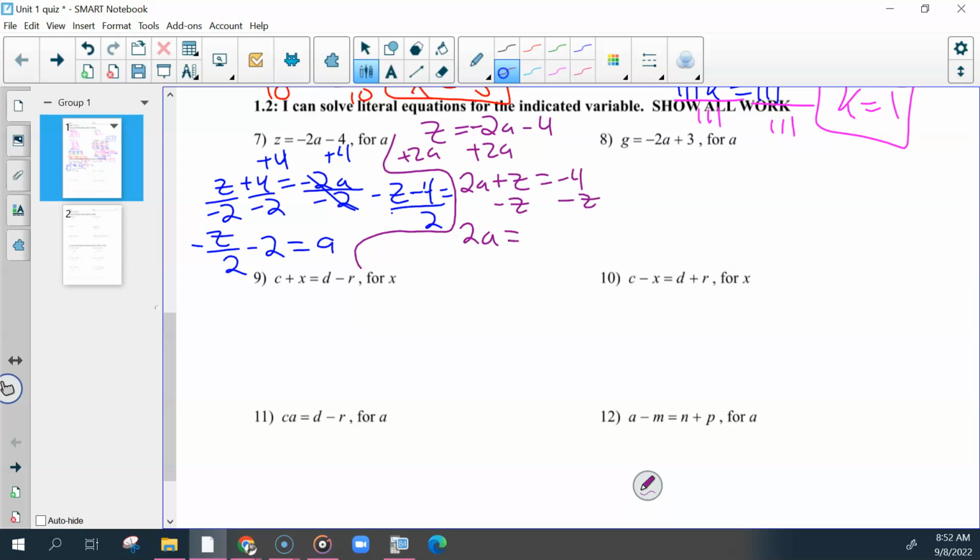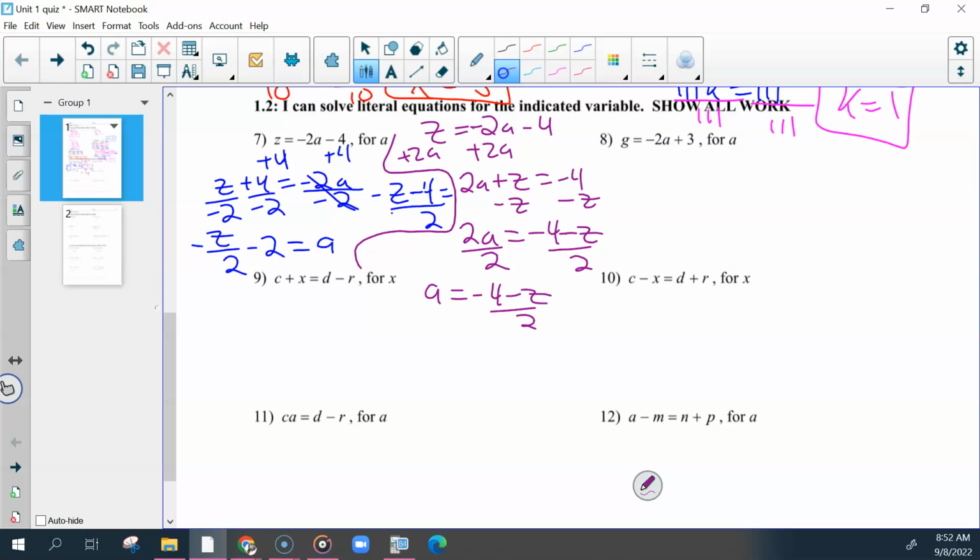So we have 2a equals negative 4 minus z. And then divide either everything by 2 or individually by 2. So you could have a equals negative 4 minus z over 2, which is similar to what we had here.